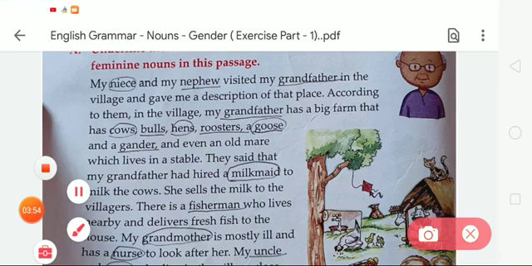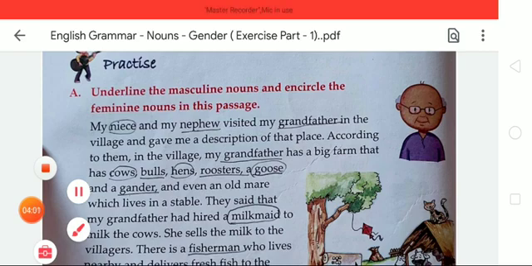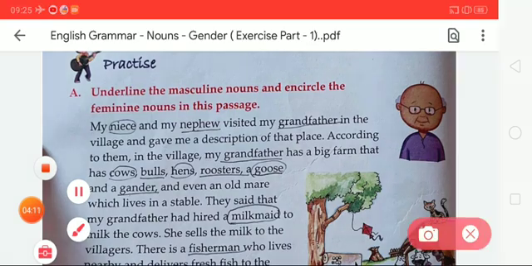First of all we have to read this passage. My niece and my nephew visited my grandfather in the village and gave me a description of the place. Here is the word niece. Niece is an example of feminine, so we have to circle it.